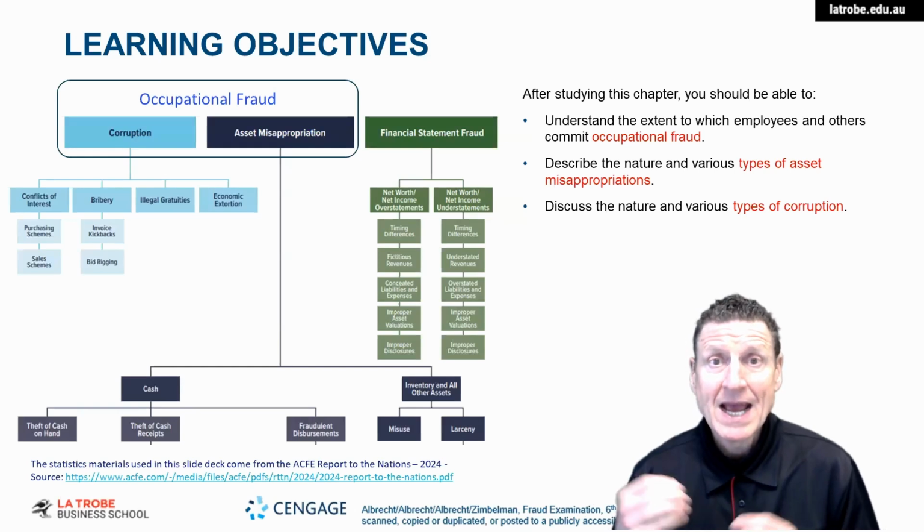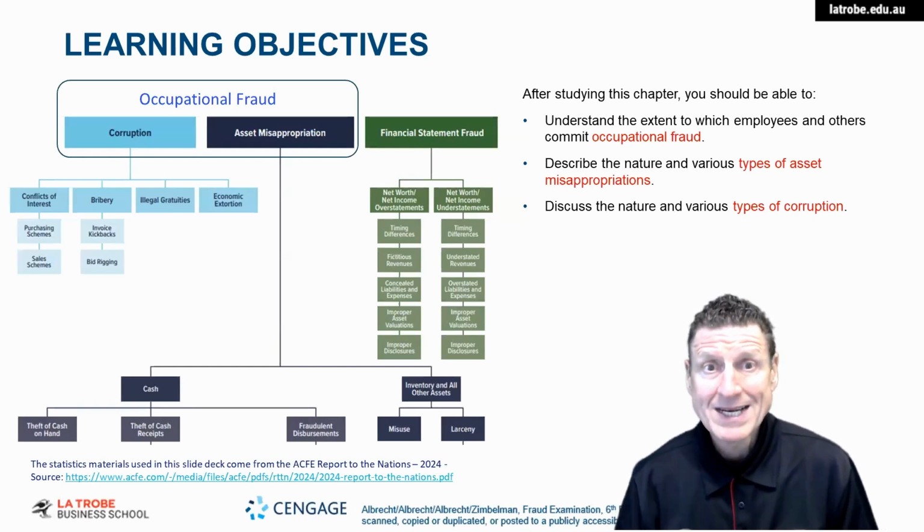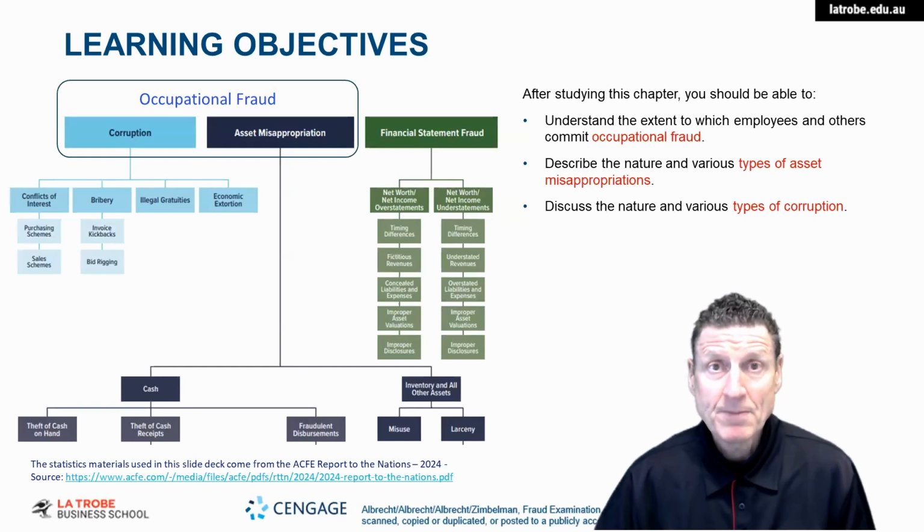As you'll see, asset misappropriation branches out into different types, and so does corruption. Let's get into occupational fraud, bearing in mind I'm going to be referring to statistics from the Report to the Nations 2024, published by the Association of Certified Fraud Examiners. The materials in this slide deck come from that source.